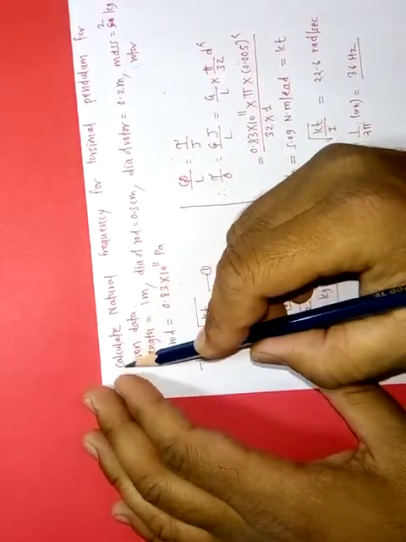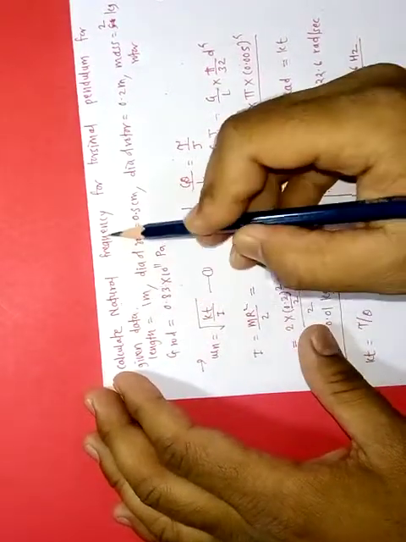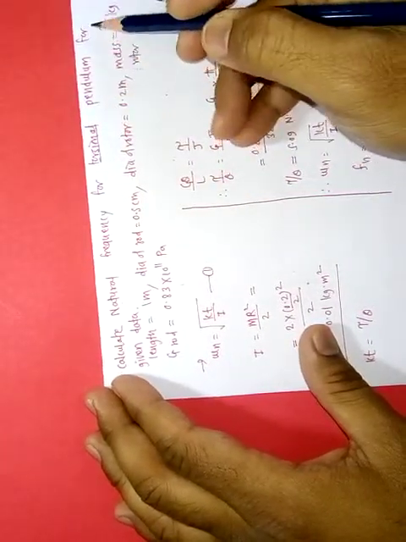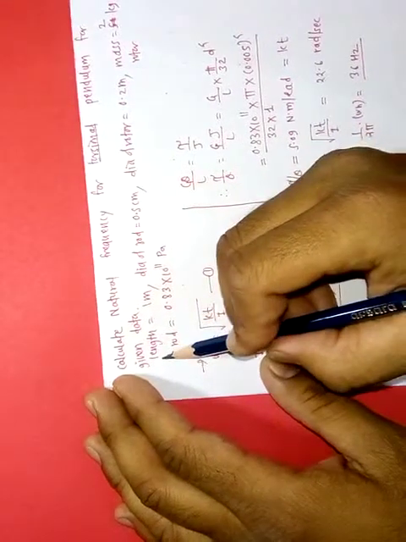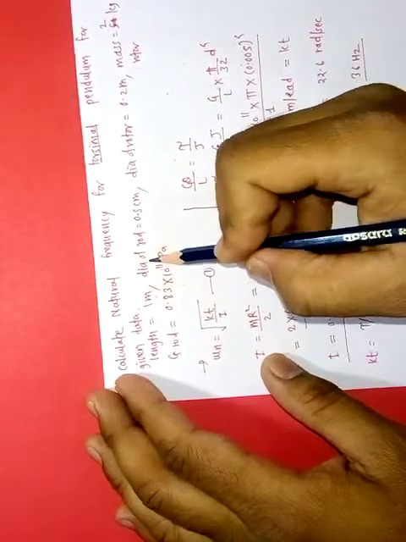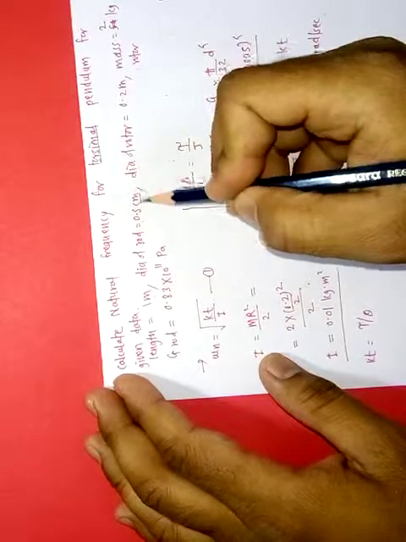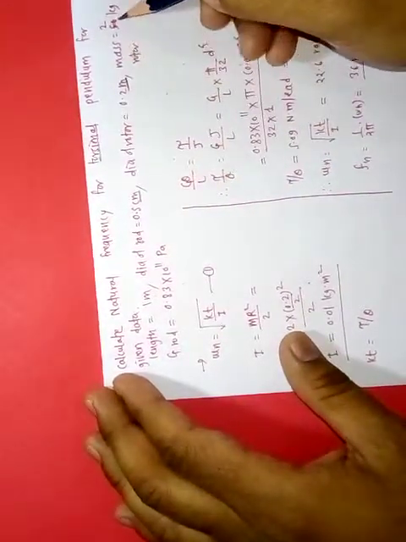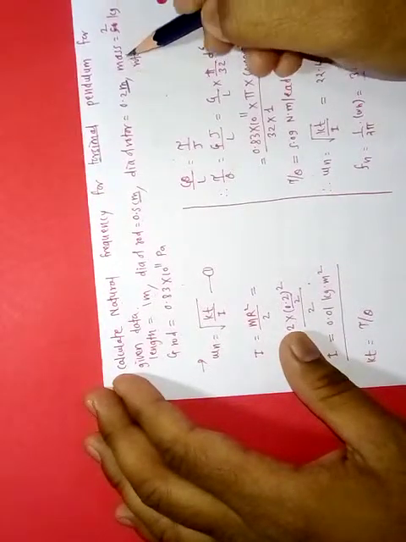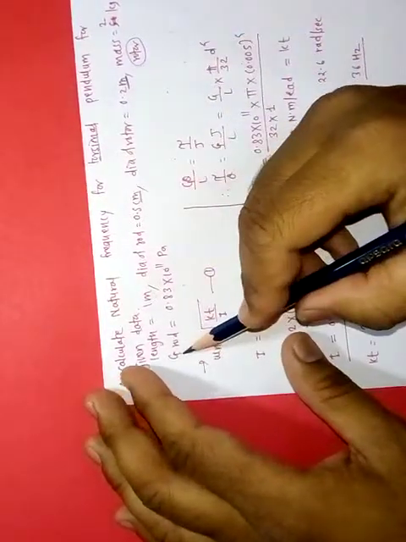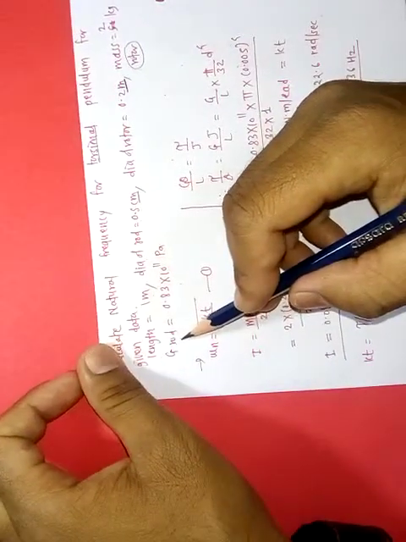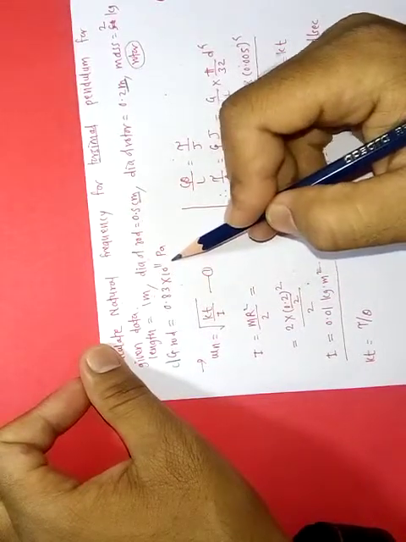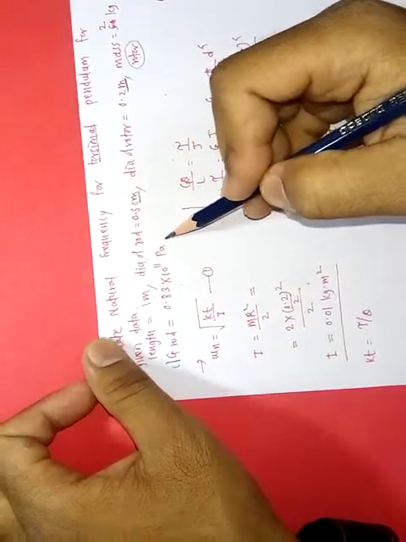Let's see another example. Here the problem is to calculate the natural frequency of a torsional pendulum for given data. Length is 1 meter, diameter of rod 0.5 centimeter, diameter of rotor 0.2 meter, mass of rotor is 2 kg, and G, that is the torsional rigidity of the rod, is 0.83 into 10 raised to 11 Newton per meter square or Pascal.